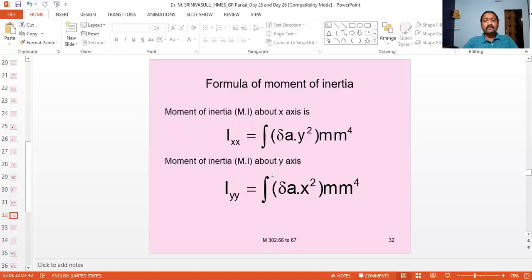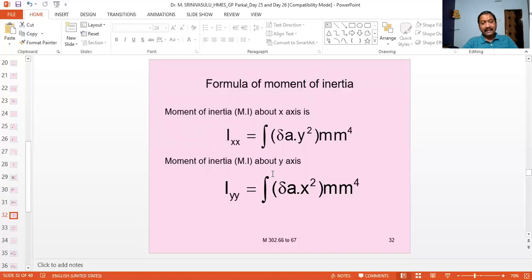Here the moment of inertia about xx is denoted by capital I suffixed with xx. Similarly, the moment of inertia about the y-axis is denoted by capital I suffixed with yy.